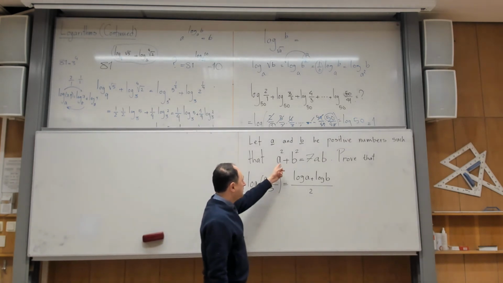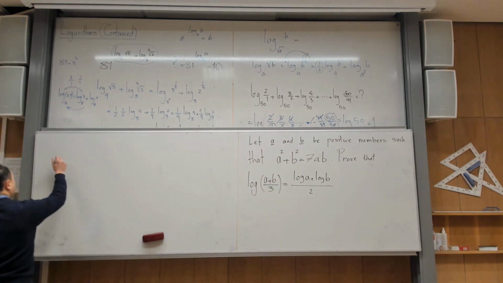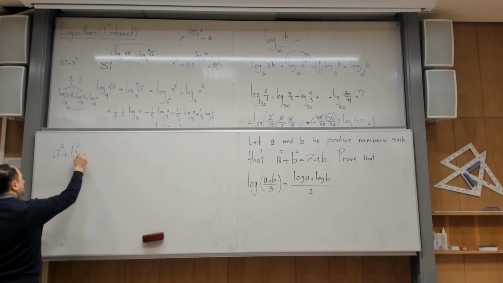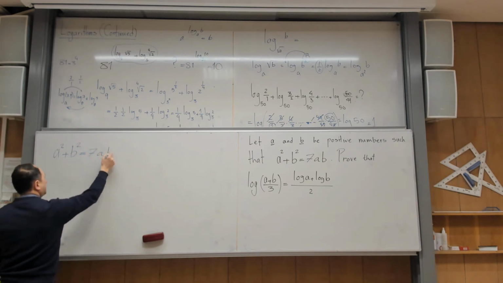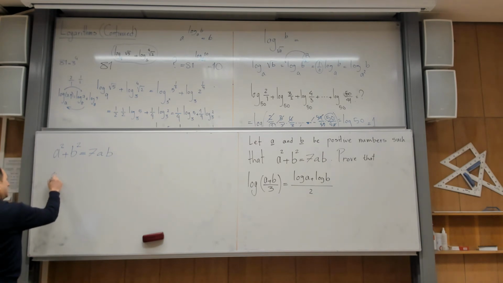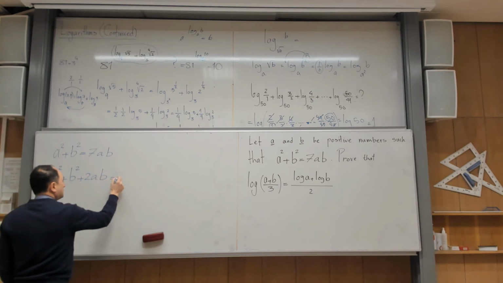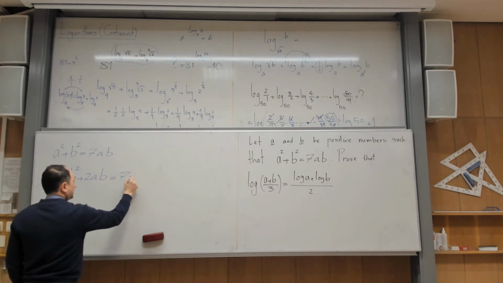So what Rasmus is actually presenting is this. He is saying that a squared plus b squared is given to me to be 7ab. This is given. So then it means that he somehow sees how. You need to do practice on it, okay?